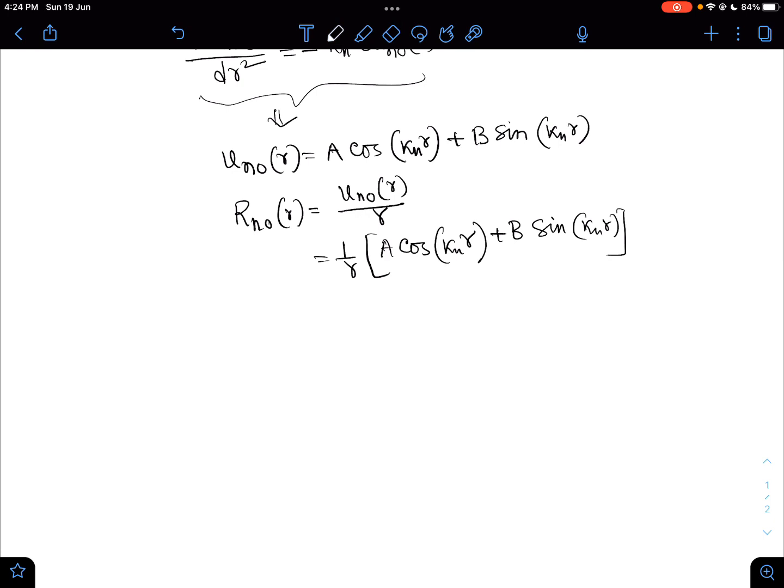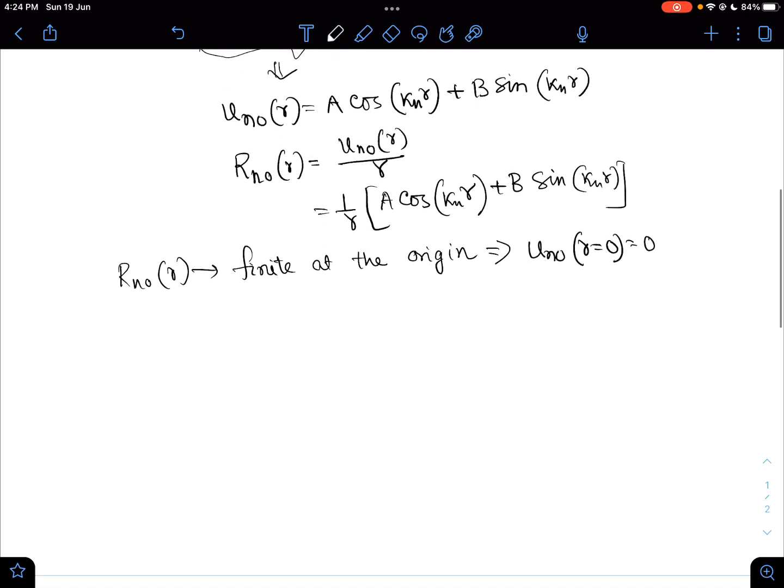Now we know that R_n0(r) should be finite at the origin. What does this imply? This implies our u_n0 at the origin must be 0, and from here we get that a must be 0.